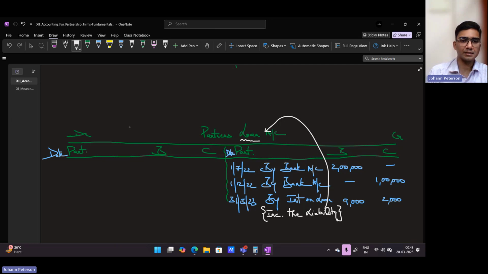Yes, let's write our balancing figure because nothing else is coming in this account. So here, the date of closing this account will be 31st March 23 by balance carried down, balancing figure.